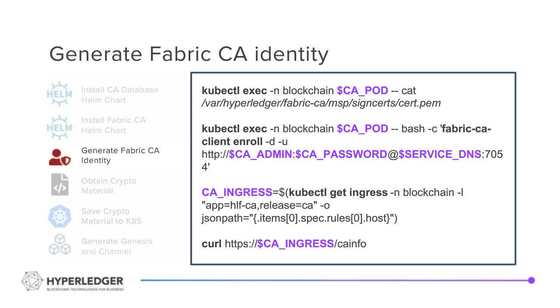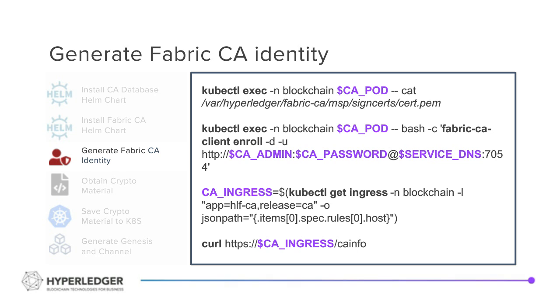If it does not, we will run the Fabric CA client enroll command inside the CA, pointing to the ingress of the CA. Then we can run kubectl get ingress on our own machine to obtain the ingress connected to the Fabric CA service. So this will essentially be the domain name that we spoke about.